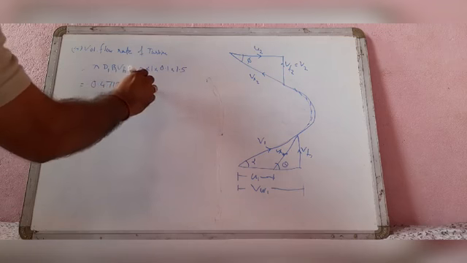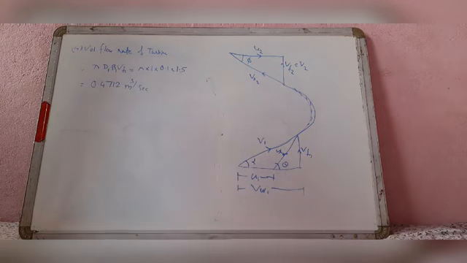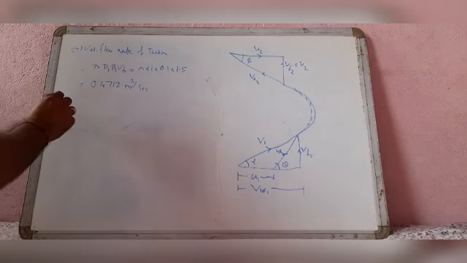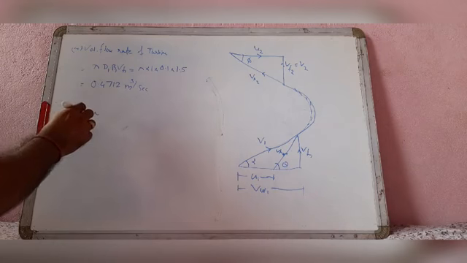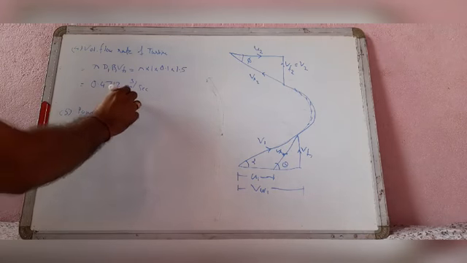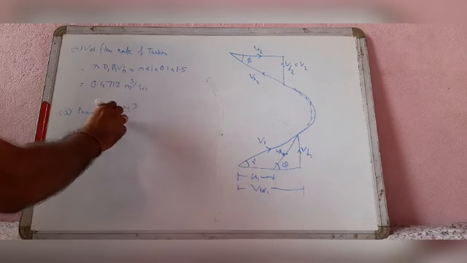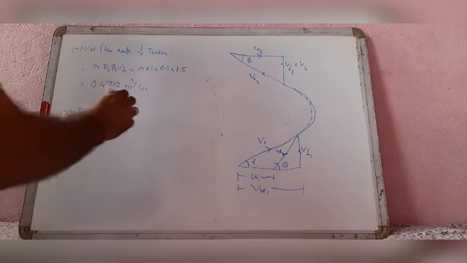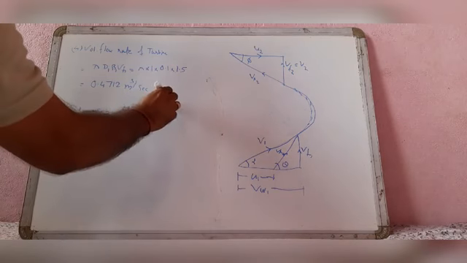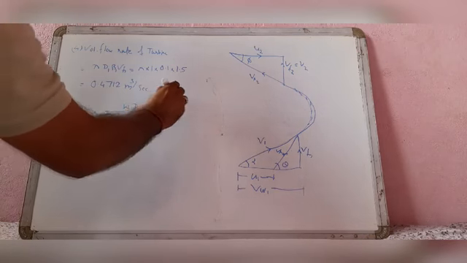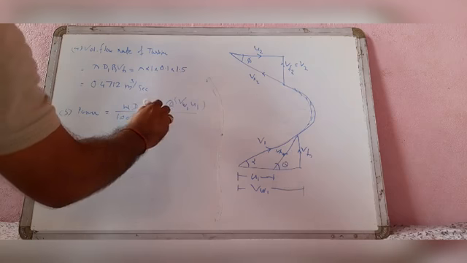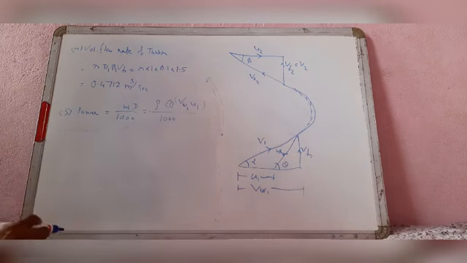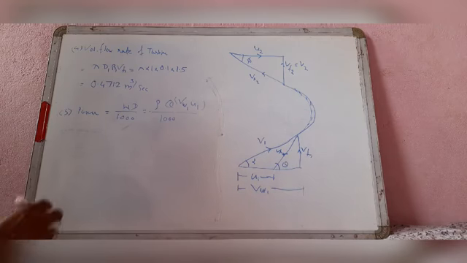And next is power developed. Power developed equal to work done per second by 1000, that is rho Q Vw1 U1 by 1000, when output is radial, that is Vw2 equal to 0.